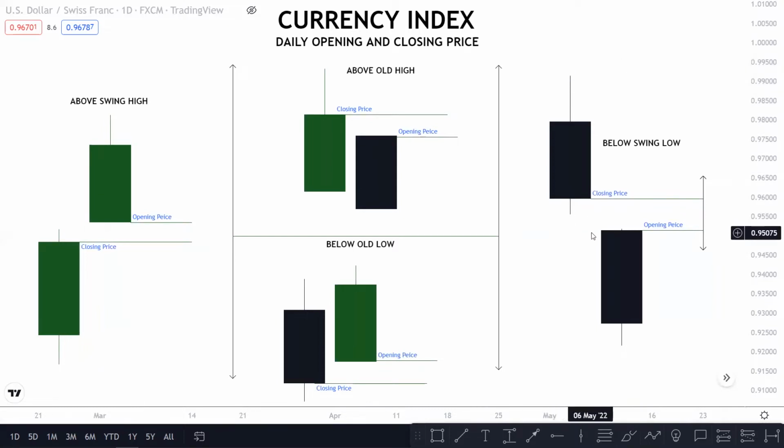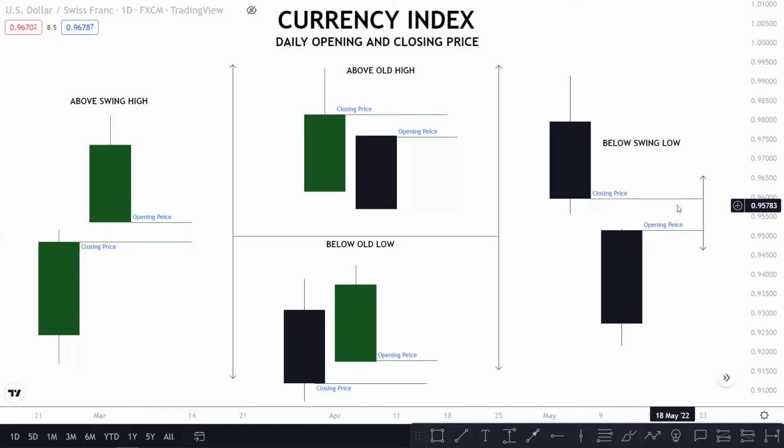Right here, what do we have? We have below a swing low. We're just taking the opposite of what we have on the left hand side. Below a swing low, I want to see this happen ahead of the fundamentals or before the news release.